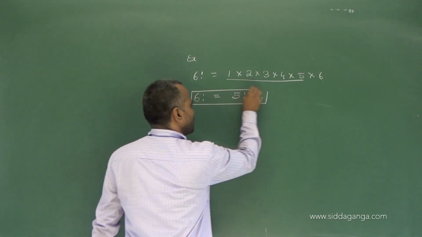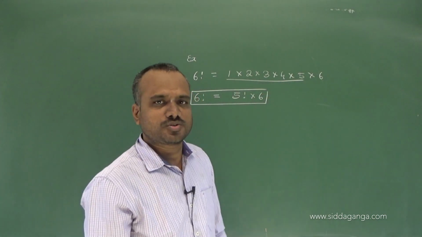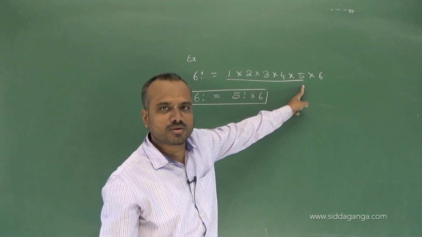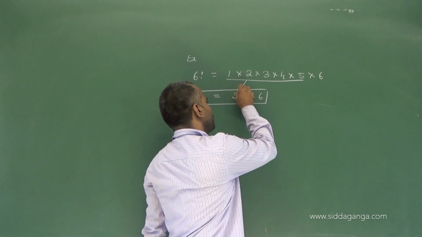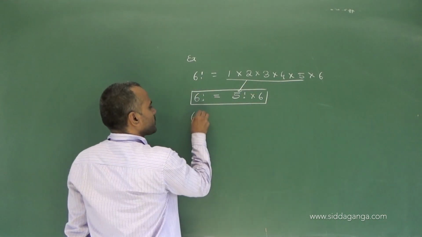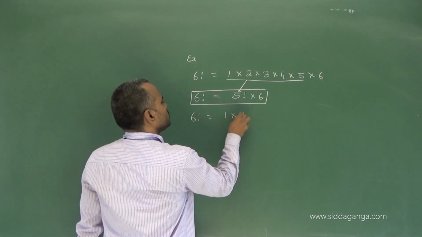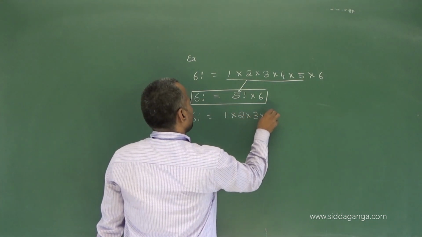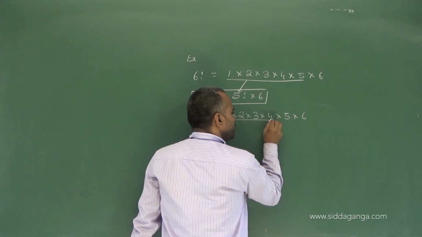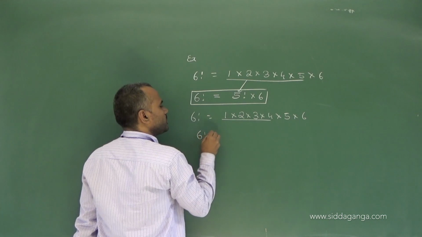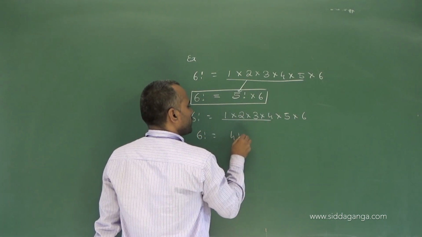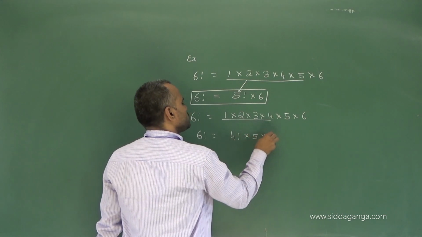Correct? This is one method. 5 factorial into 6, because 1 to 5 is the product of first 5 natural numbers. Again 6 factorial, 1, 2, 3, 4, 5, 6. So 1, 2, 3, 4, the product of first 4 natural numbers, we write as 4 factorial into 5 into 6.